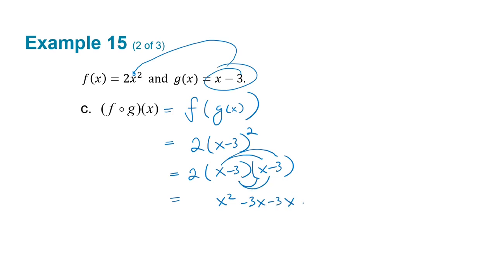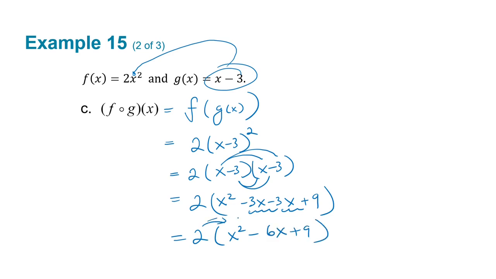Negative 3 times negative 3 is a positive 9, but remember there's still a 2 in the front, so we'll have to distribute that 2. But let's simplify the inside first. This simplifies to x squared minus 6x plus 9, and now we can finally distribute that 2 throughout. So our solution is 2x squared minus 12x plus 18.